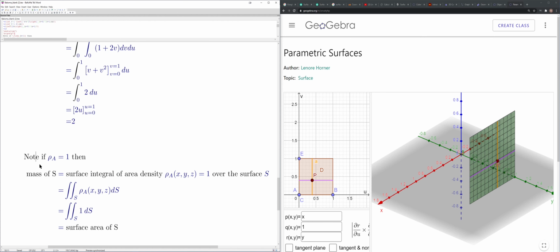then when you do a surface integral with an area density just equal to 1, you're going to get something analogous to what we just had.